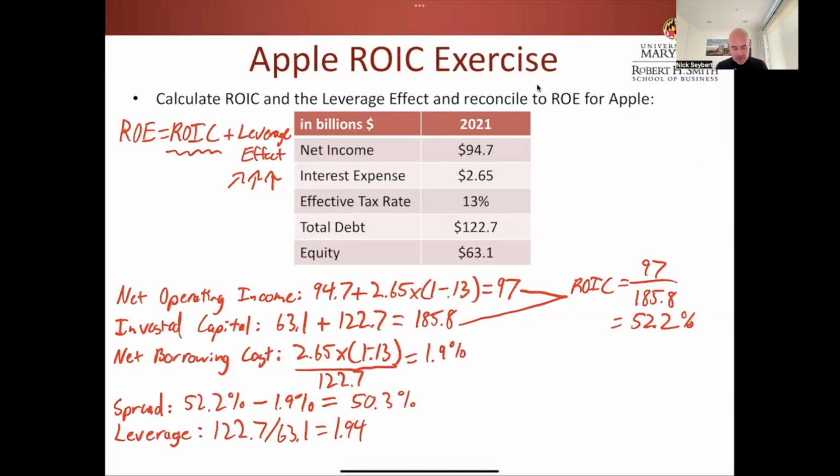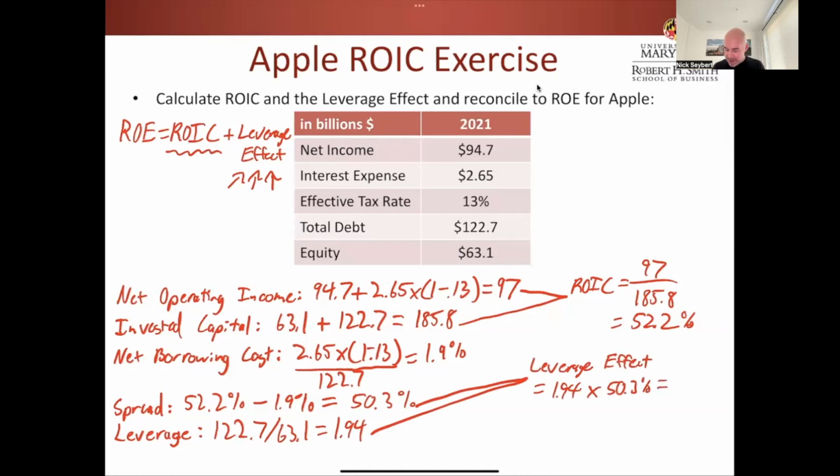All right. So to figure out the leverage effect is going to be equal to the leverage ratio, 1.94, multiplied by the spread of 50.3%.